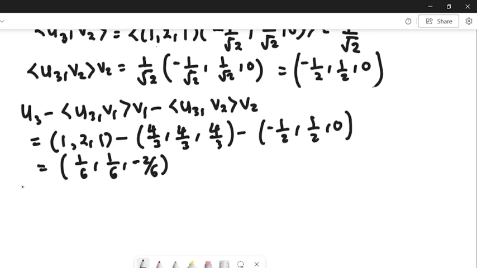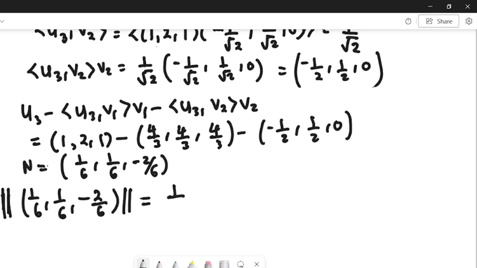So our next part is to get the norm. This is the numerator, and we said the denominator is always the norm, or if you like, the distance.